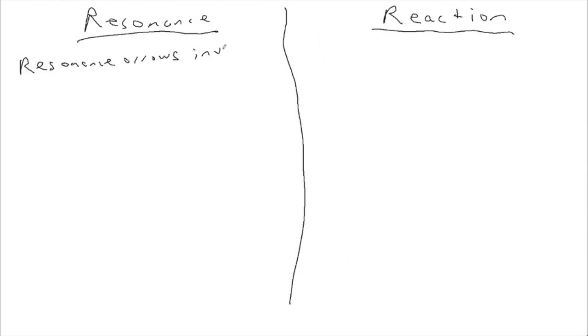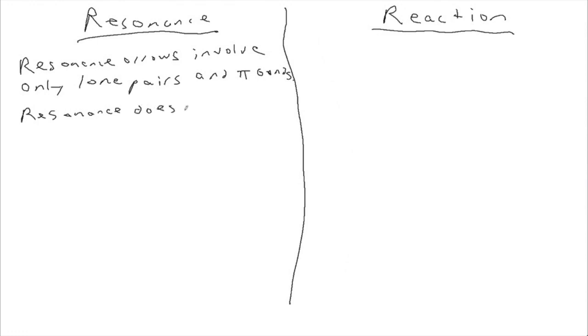So resonance arrows involve only lone pairs and pi bonds. Resonance does not involve sigma bonds.